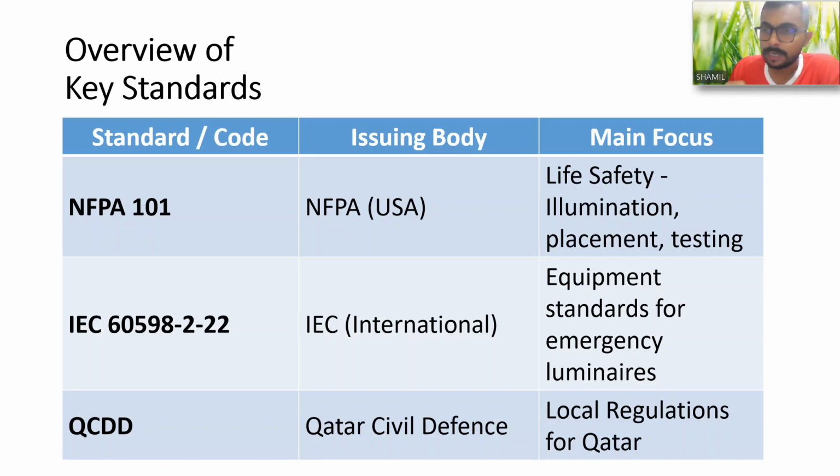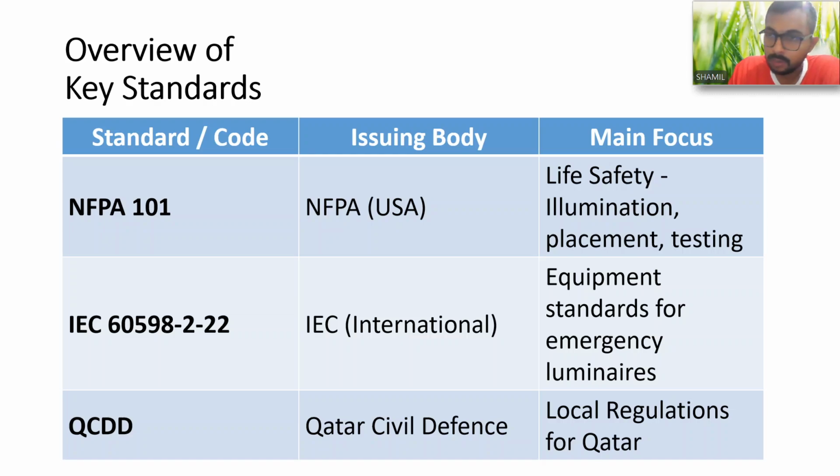The second standard is the IEC standard, which is the International Electrotechnical Commission, and this is an international standard. The code which we follow with respect to emergency lighting equipment is IEC 60598-2-22. The IEC 60598 standard serves as the equipment standard for emergency luminaires. It will tell you how these emergency luminaires are manufactured and what rules need to be followed.